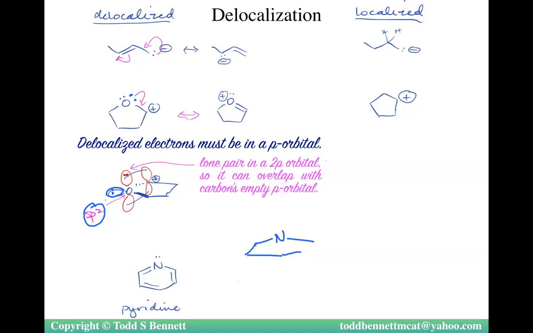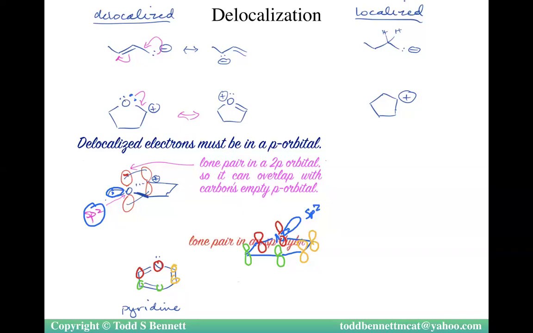So we're going to have a pi bond right there, a pi bond right here, and then a pi bond right here. That lone pair then cannot be in that. So the lone pair is in a perpendicular sp2 hybrid orbital.